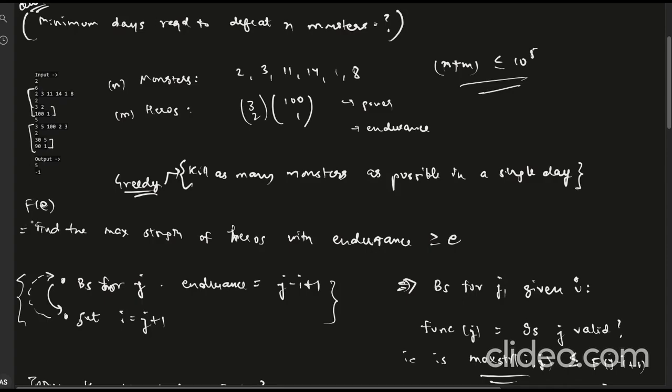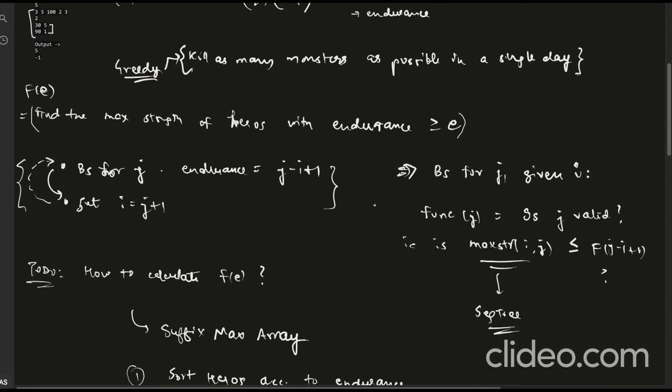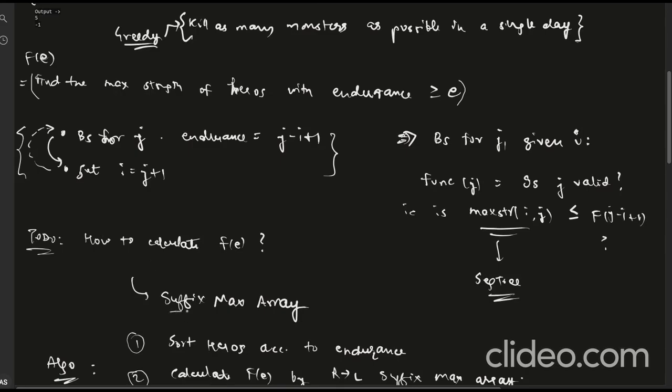So define F_e as the maximum strength of heroes with endurance greater than or equal to e. Now how do we calculate F_e? We calculate F_e by storing a suffix maximum array.